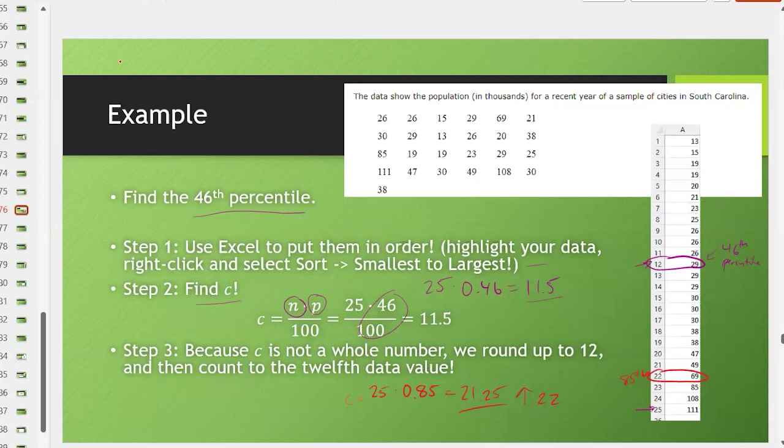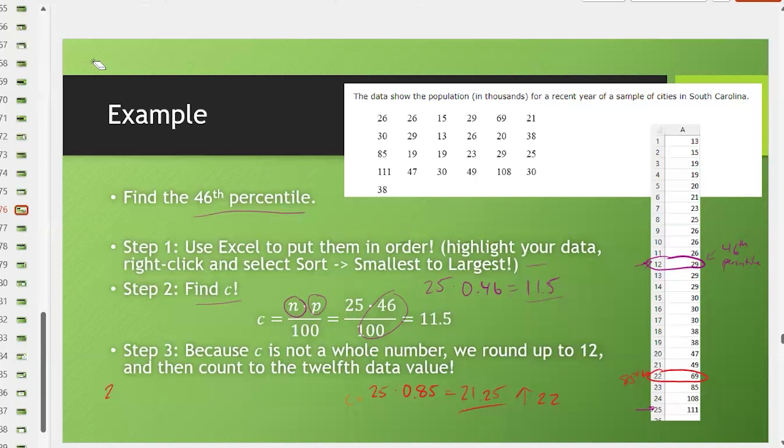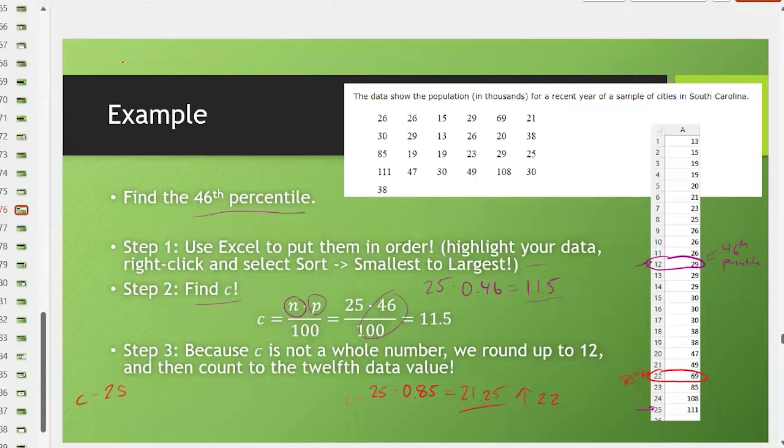Let's find the 84th percentile. So I think that'll do what I want to show you. So 25 times 0.84, slightly different from 0.85. That should give us a whole number.